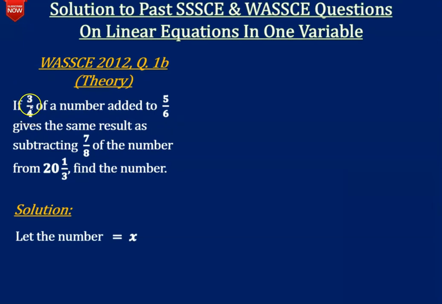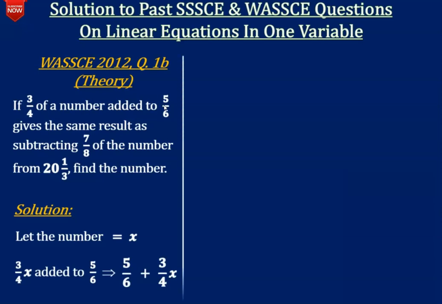3/4 of the number added to 5/6 can be expressed as 5 over 6 plus 3 over 4x. And 7/8 of the number subtracted from 20 and 1/3 can be expressed as 20 whole number 1 over 3 minus 7 over 8x.